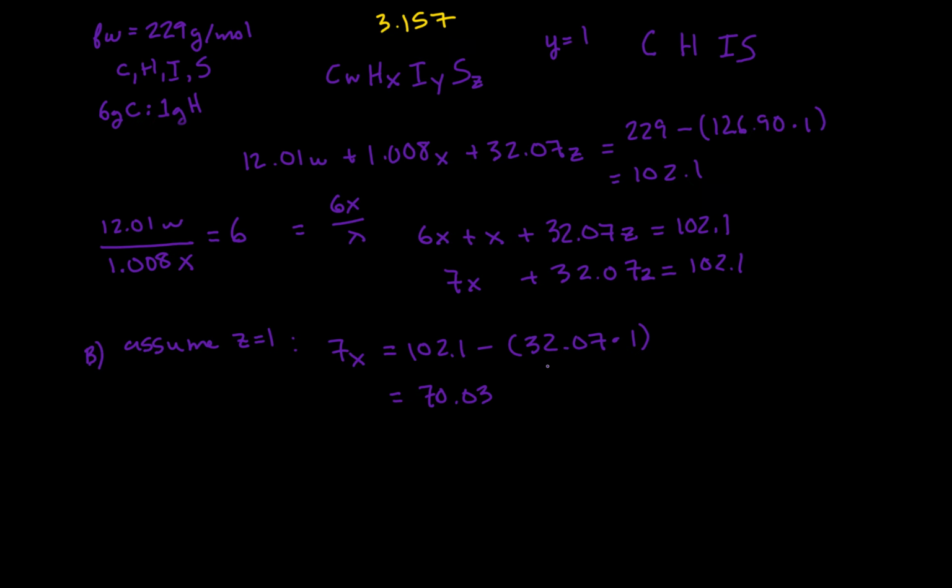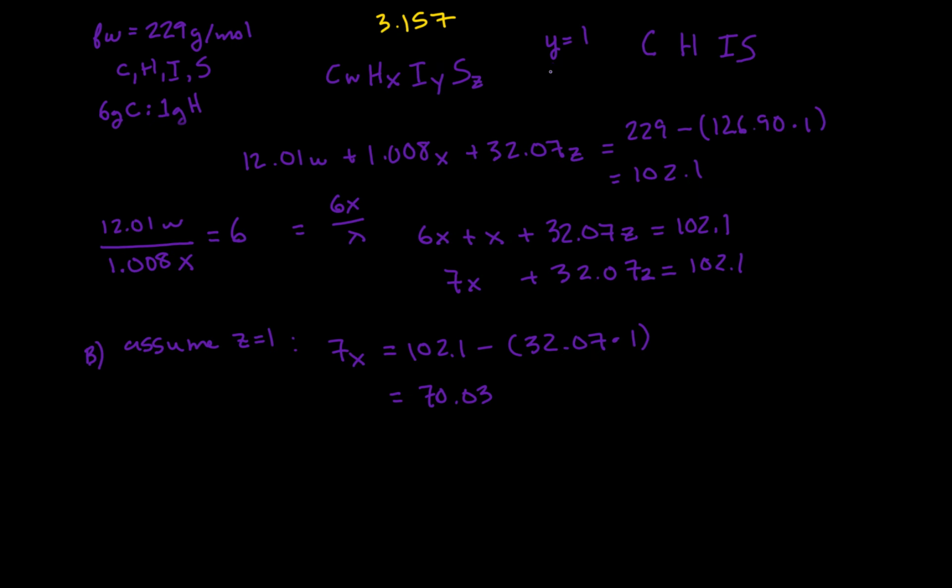We got lucky on the first guess. This is going to work. You see, this is not exact, but this is good enough. For sure, that's good enough. So we're going to use z is equal to 1.